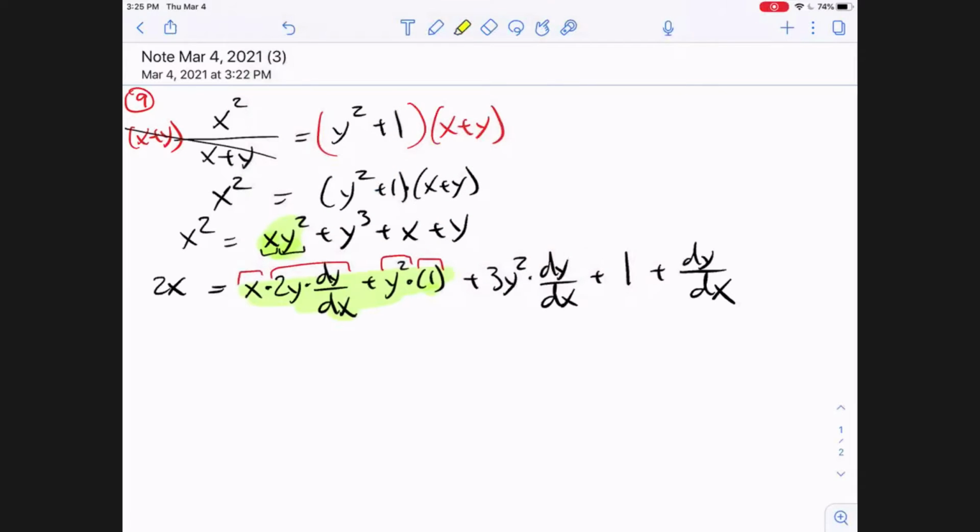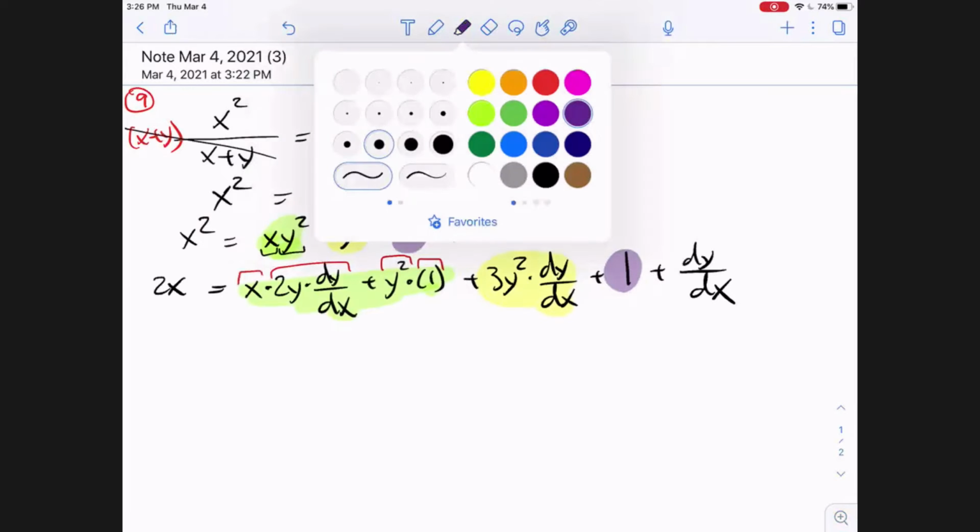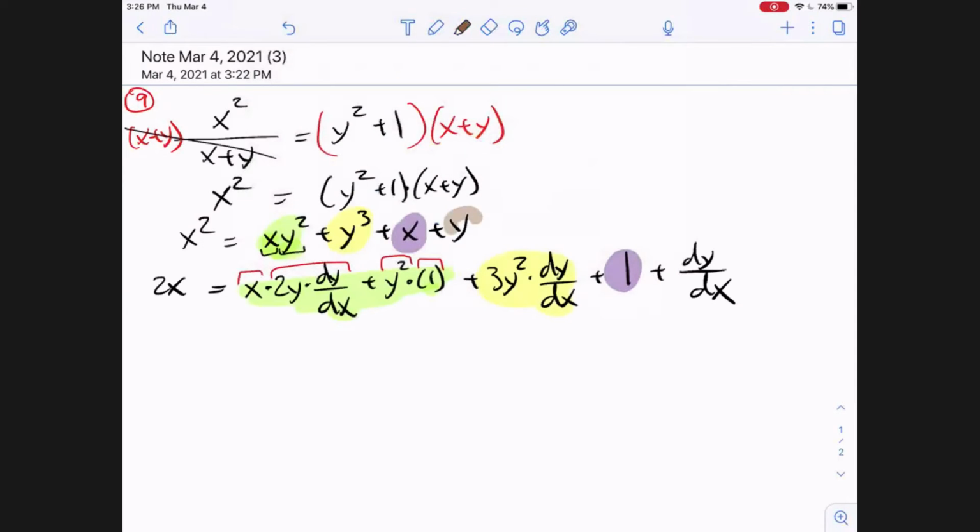So the derivative of the y cubed here is this. Derivative of x is 1. Is that all right? We good?